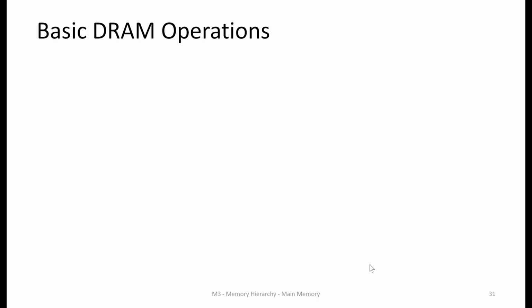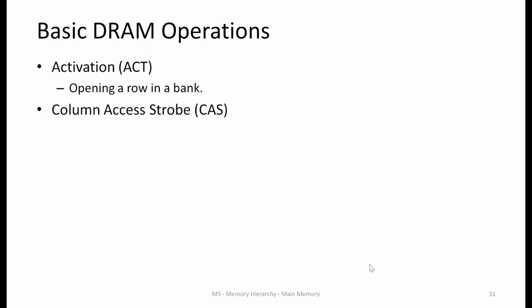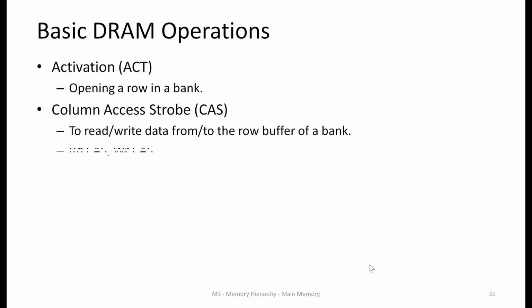We know the basic DRAM operations. A quick recap here. There is an activation operation which basically opens a row in a bank. We have a column access strobe, CAS, using which we can read from the row buffer or write to the row buffer of the bank.